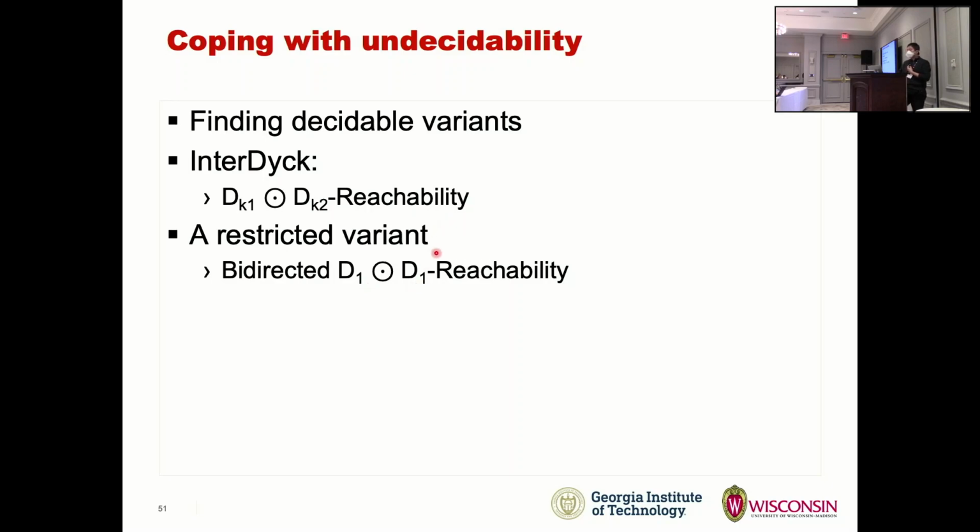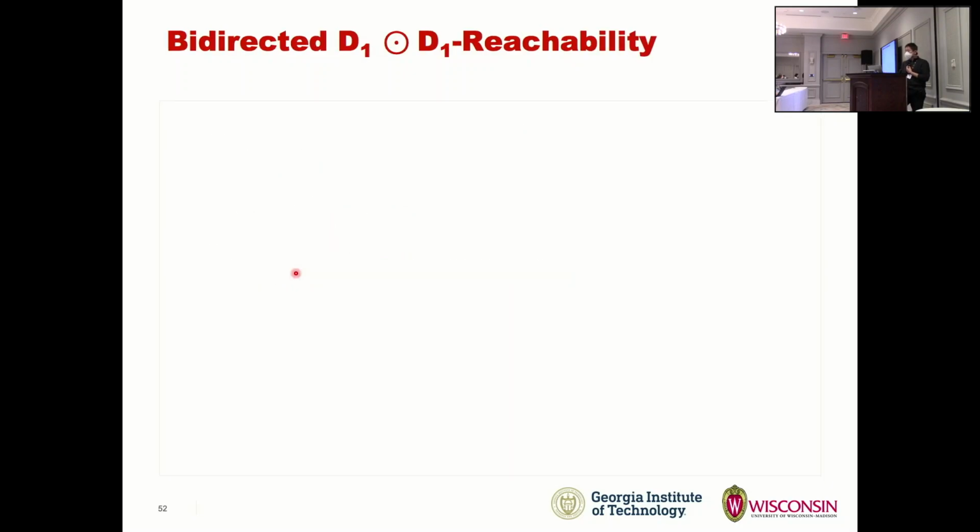If we consider only a Dyck language of one parenthesis, we will see that it dramatically simplifies the problem. Of course, we also need to consider the bidirected version. Putting together these two definitions, the problem will become a lot easier. Let me first illustrate why this bidirected D1 reachability is essentially simpler.